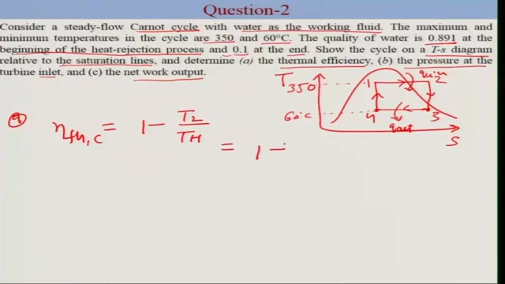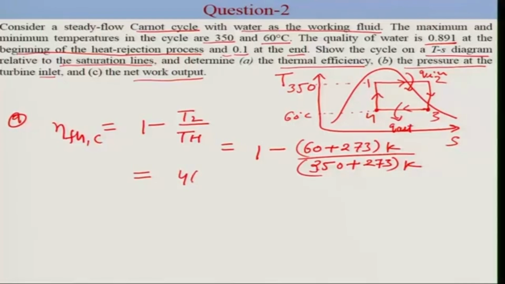So, 1 minus (60 plus 273) Kelvin divided by (350 plus 273) Kelvin. Okay. So, the thermal efficiency will be 46.5%.